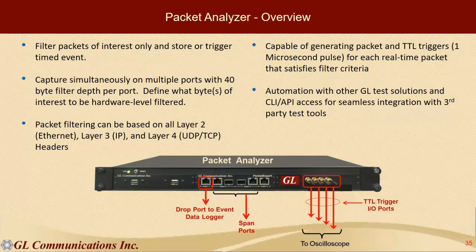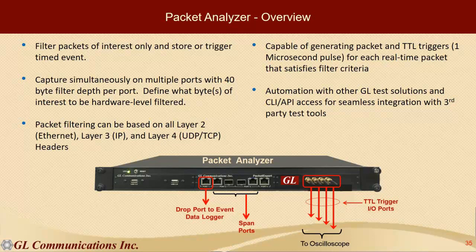So you can see that these very precise events in the RTP and the IP world can be looked for through our filter mechanism and then triggered. And again, the time is the critical thing there, and we have that. So we can filter at layer 2, layer 3, and layer 4. Again, automation has been built into this product through a CLI and an API. Okay, so we have that.